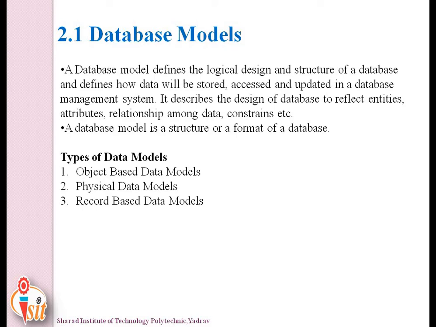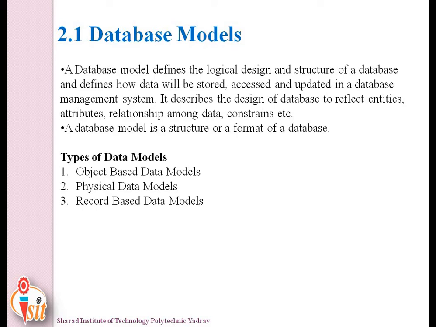Data models define how data is connected to each other and how they are processed and stored inside the system. The very first data model could be the flat data model, where all the data used are kept in the same plane.